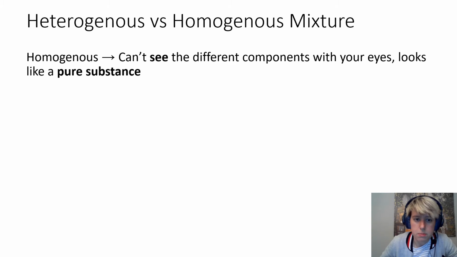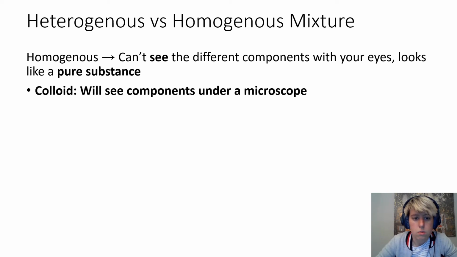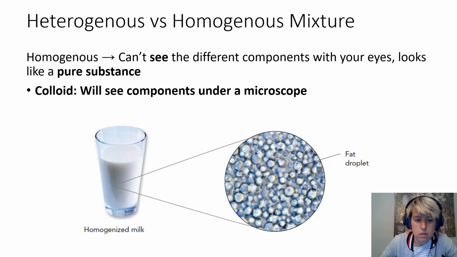Whereas a homogeneous mixture is one where you cannot distinguish the different components with your eyes, and it looks like a pure substance. So a colloid is actually a specific type of homogeneous mixture, but you can see the components underneath a microscope. For instance, milk is a homogeneous mixture, but it is also considered a colloid, because if I look at milk underneath a microscope, I can actually see the fat droplets.